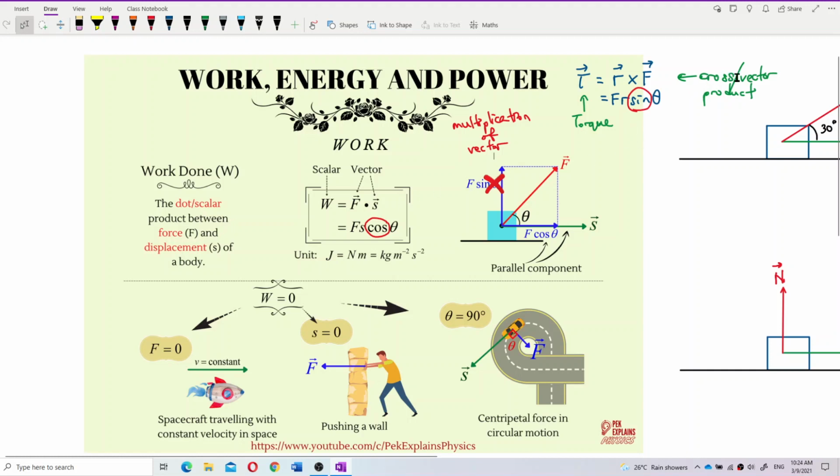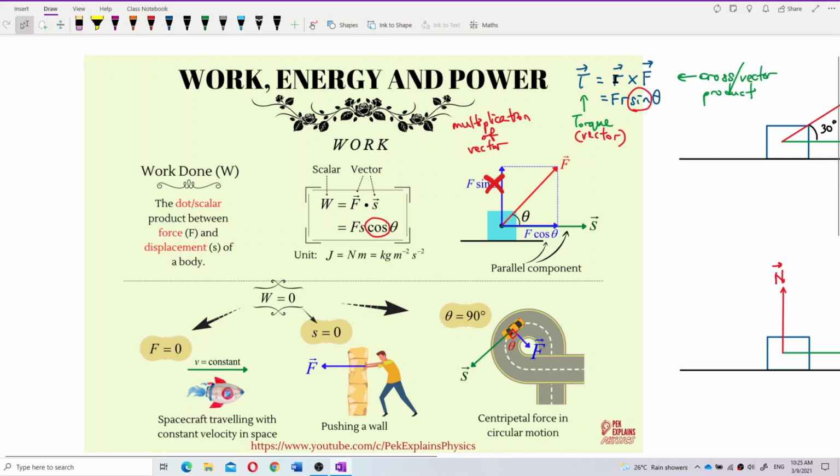Whereas a cross product is called a vector product. For example, the moment arm R is a vector and force is also a vector, but after you multiply these two vectors, you get another vector, torque. That is why cross product is called vector product.